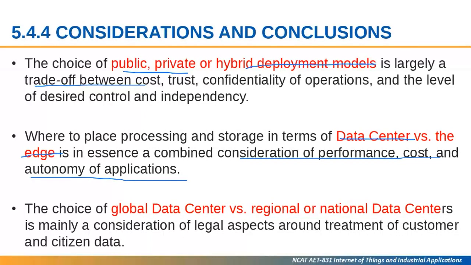And the choice of global data center or regional data center is a consideration of legal aspects around treatment of customer and citizen data. Some data, for example for national security purposes, should not be accessed by other nations, right? In that case, a regional or national data center is needed.